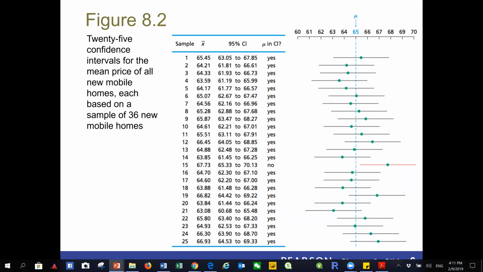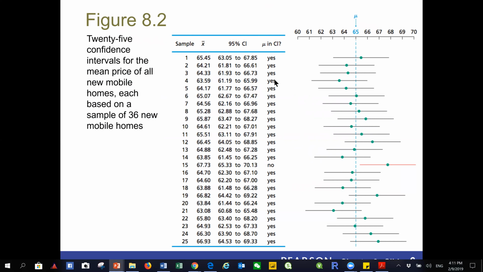So this is the rationale. In practice, we don't draw that many samples. One sample is enough. But whether that sample will include a target will depend on luck. You will just say that 95% that's reliable.